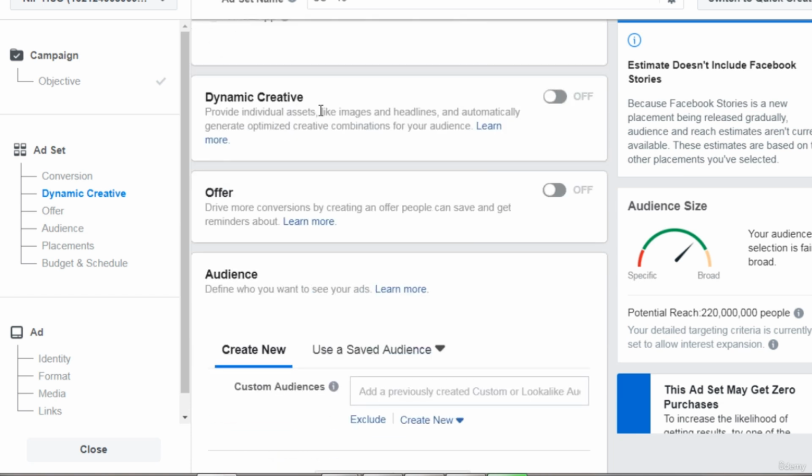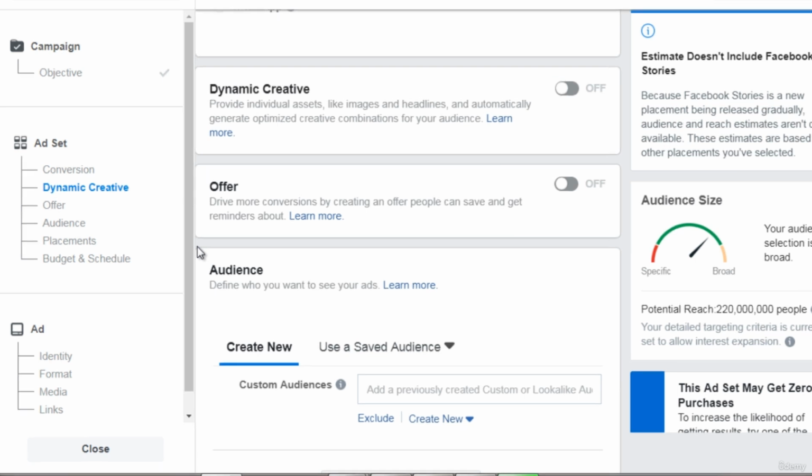Now, what dynamic creative is, it says provide individual assets like images, headlines, and it'll automatically optimize. So in layman's terms, what that means is, let's say, for example, that you upload in the ad 3 different images, 3 different texts, 3 different headlines, and 3 different call to actions. What Facebook is going to do is create all different variations of those combinations.